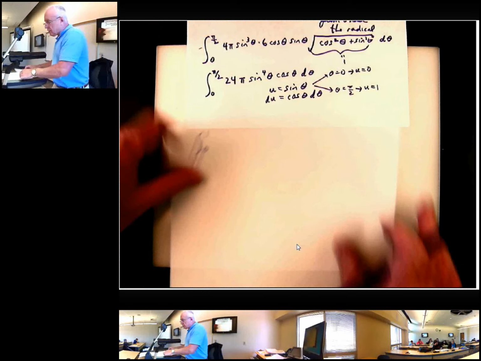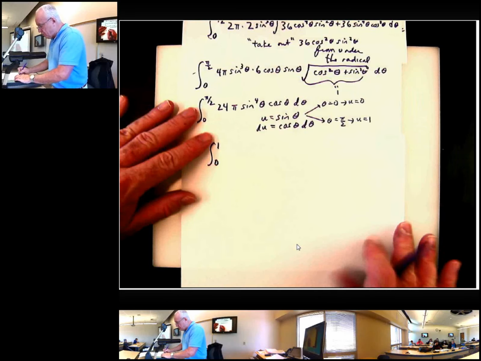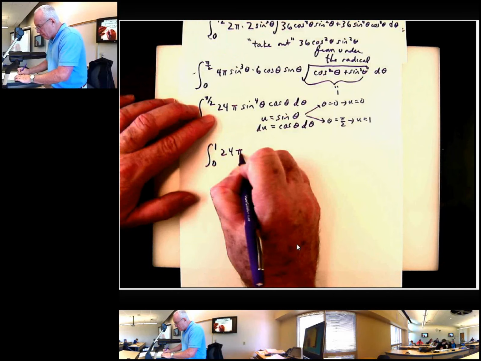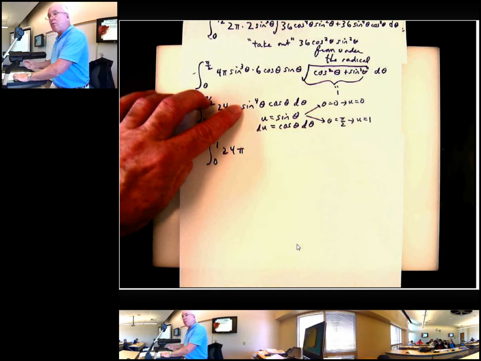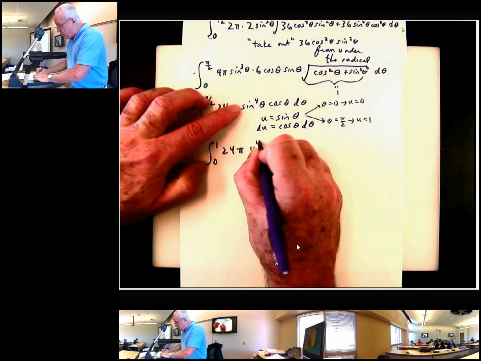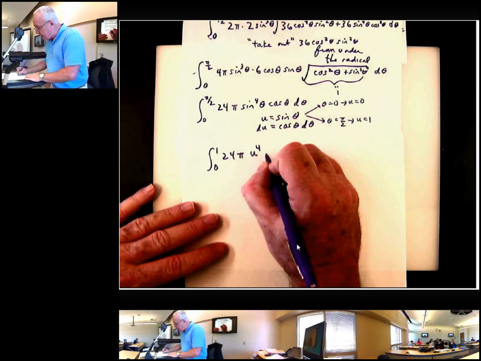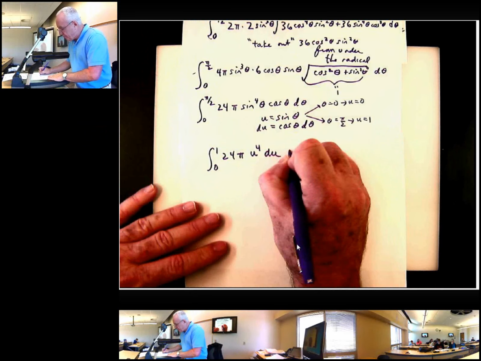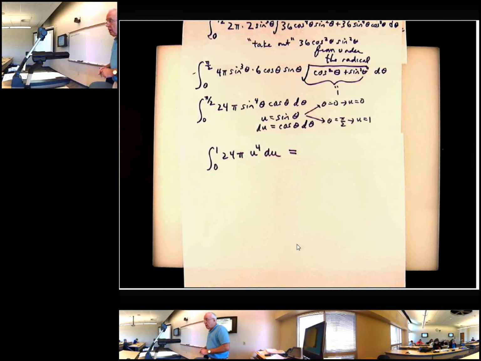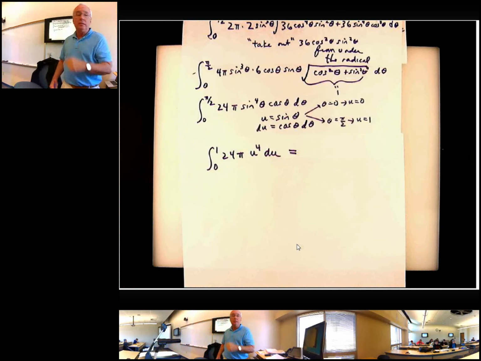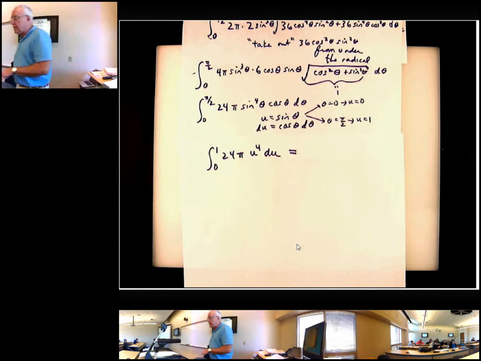And let's see, let's copy this stuff here. We have a 24 pi. Now sine to the 4th is going to be replaced by u to the 4th. And the cosine d theta is going to be replaced by du. All right. So now that becomes a nice integral to get.